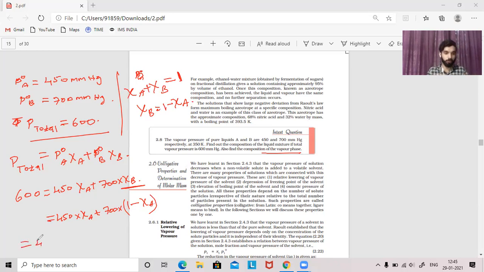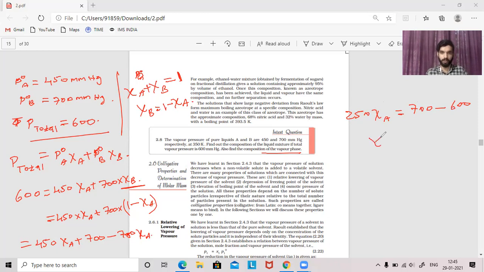Which is equal to 450 chi A plus 700 minus 700 chi A. Okay, I simplify it so that I get 700 minus 450, what is it? 250. So 250 chi A will be equal to 700 minus 600.